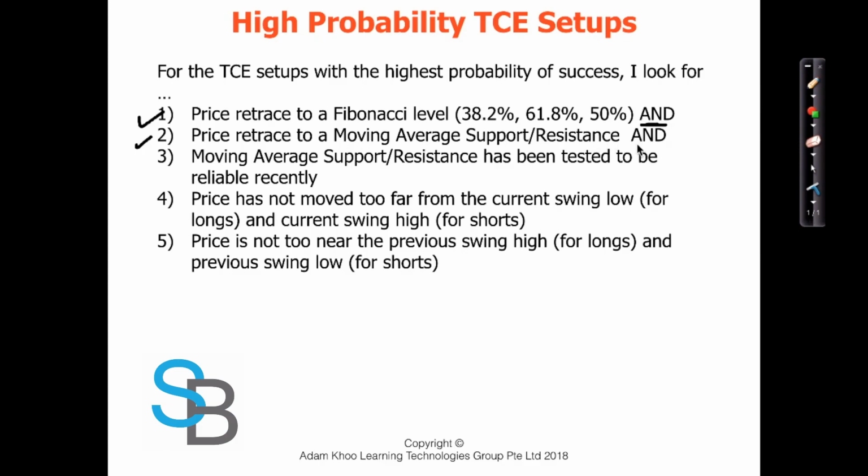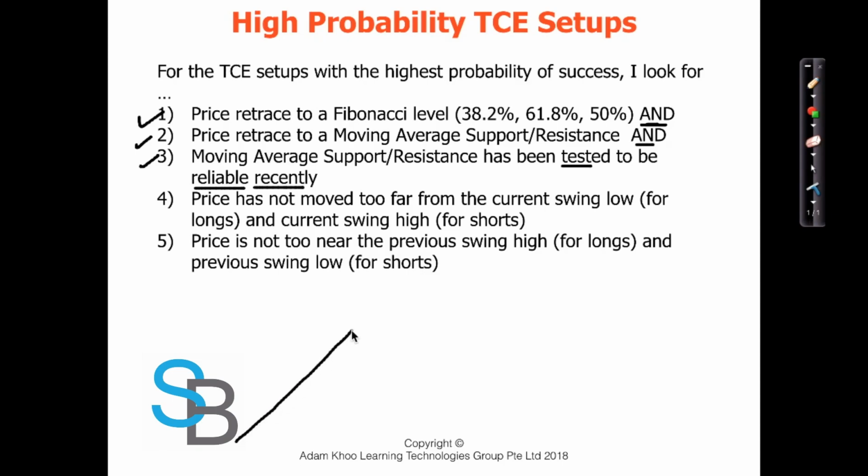Next, at the same time, I also want the moving average support for longs to have been tested recently to be reliable. What do I mean by this? Let me attempt to draw an example. Let's talk about going long. When we are going long, we are riding the uptrend.